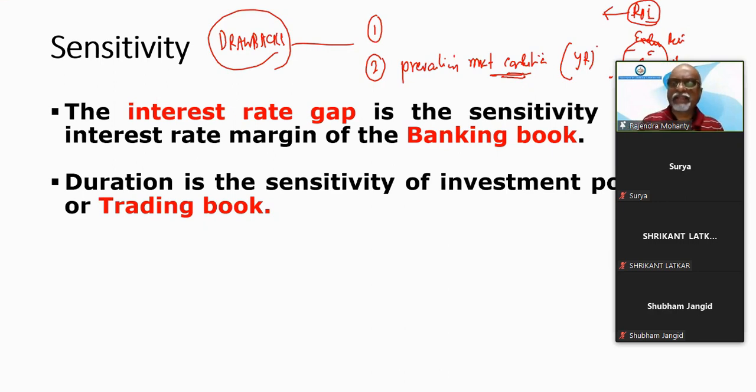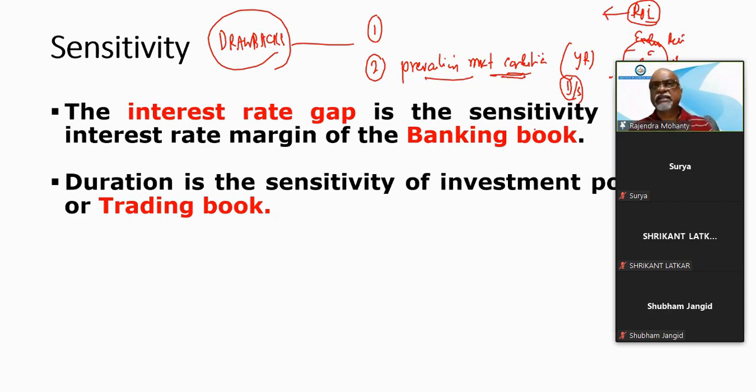So in a day, the yield rate might change several times. And what is the demand and supply position of the market? So it becomes volatile. So sensitivity also moves accordingly, according to the movement of the market, because the market environment changes frequently.